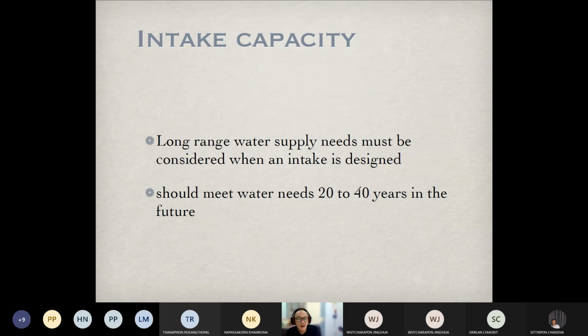It should be long term, not just 10 or 20 years, especially for the tower intakes. Construction is not that easy in water. So once we build the dams, we need to build the intake tower along with the dam. That will be easier.